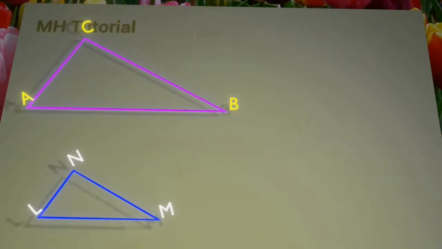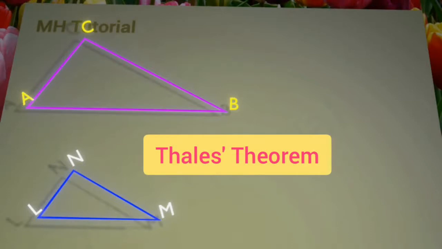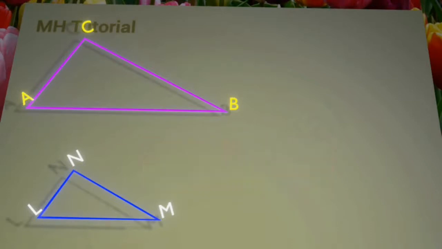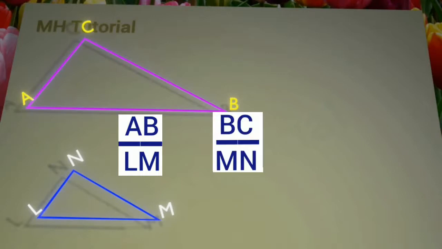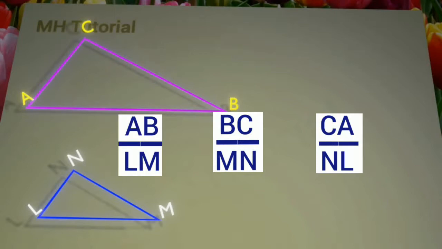This proportional relationship is the theorem of Thales. That is, in the case of these two similar triangles, according to Thales' formula, the ratio of side AB and side LM, the ratio of side BC and side MN, and the ratio of side CA and side NL are equal to each other.